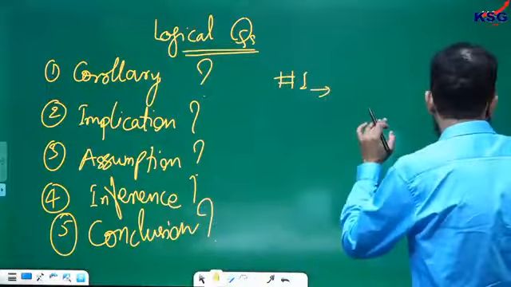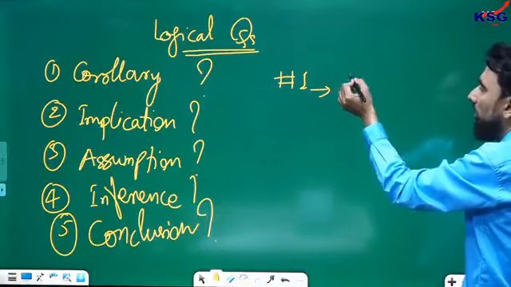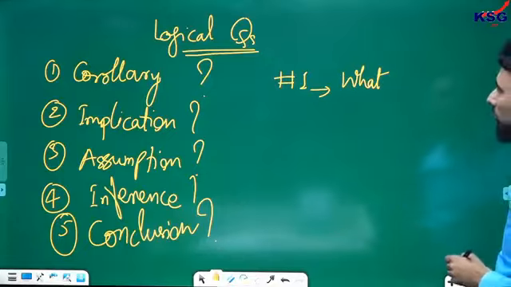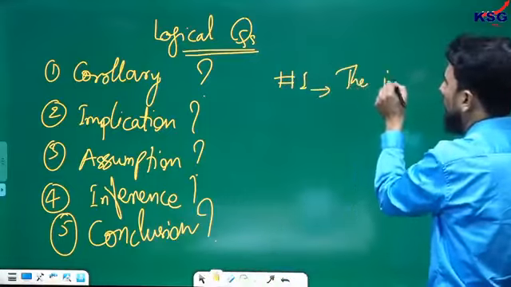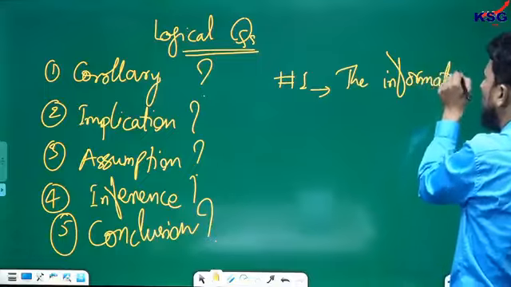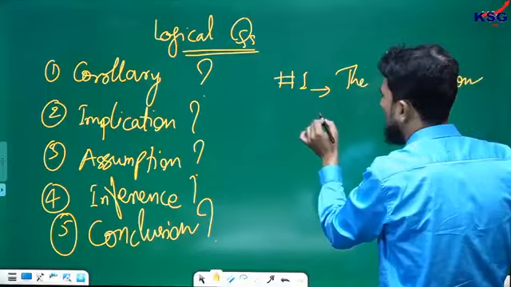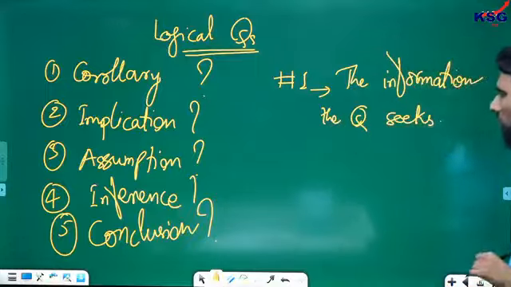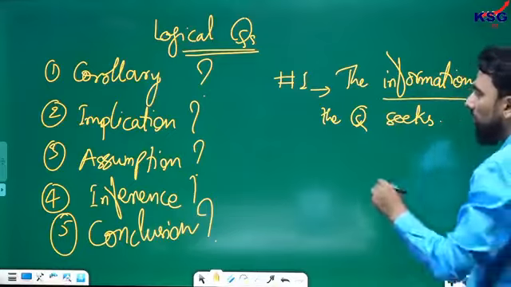So point number one is the kind of information the given question seeks, what kind of information it needs as an answer. That is point number one, right?